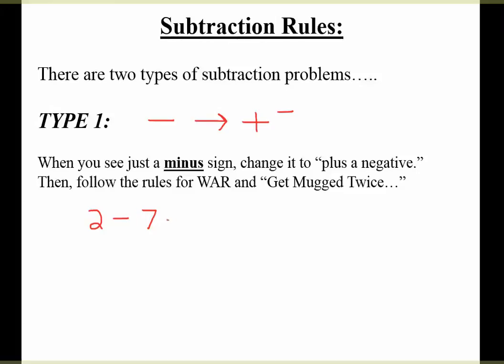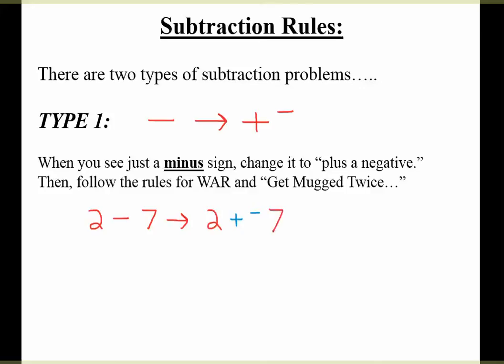Okay, that's going to convert into 2, and what do we change that minus sign to? We change it to plus a negative, adding the opposite. So 2 minus 7 converts into 2 plus negative 7.